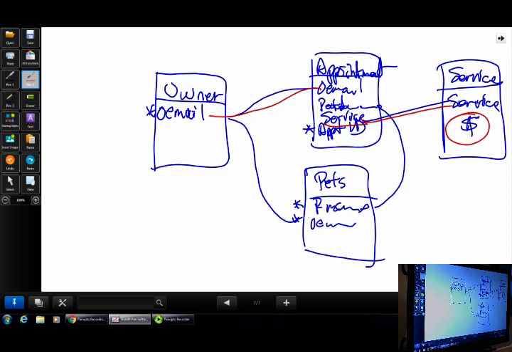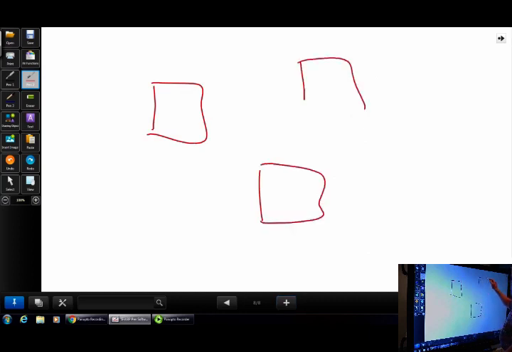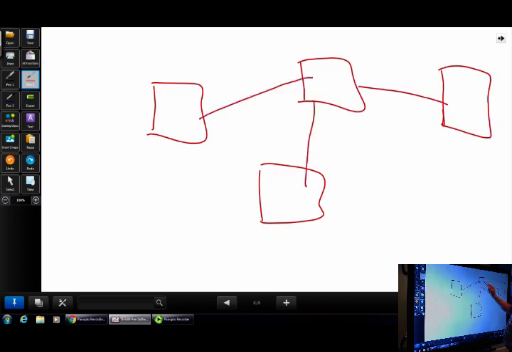Doesn't have to be a circle. In fact, it's kind of rare that it is a circle. Usually what you end up with is something that looks like this. This is usually a transaction table, like appointments, sales transactions, registration for courses, all that stuff.